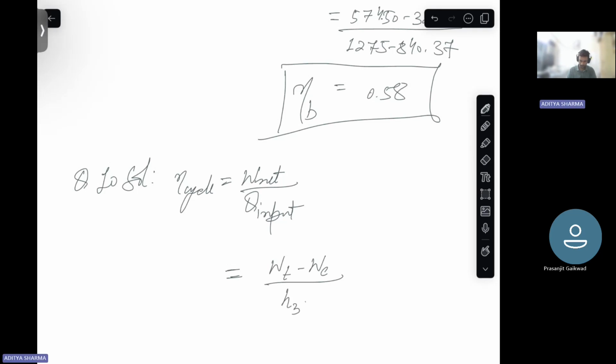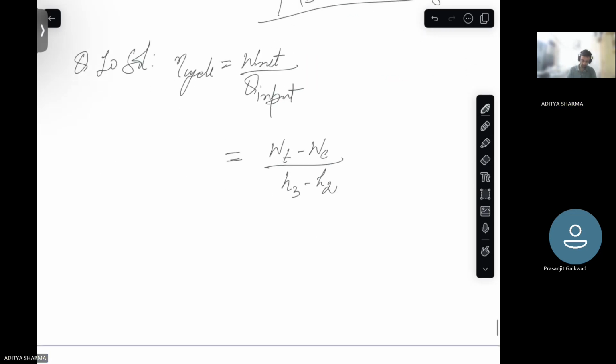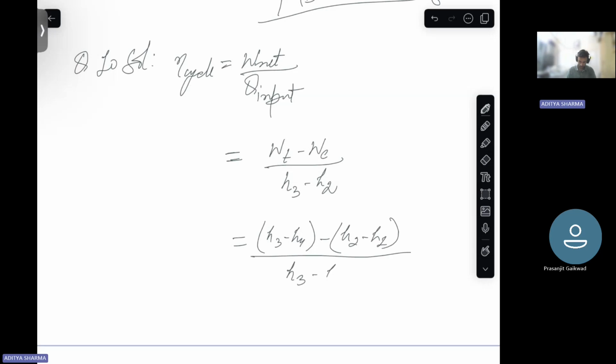That is H3 minus H2. Now you work this out. This will be H3 minus H4 minus H2 minus H1 divided by H3 minus H2. I hope this is clear. These numberings are clear.